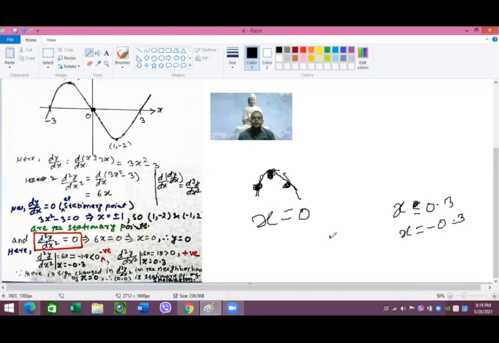That means if this is 0, we are taking a very small difference about 0. So this is negative 0.3 and this is positive 0.3. That means we are testing the change of sign in a very small distance from the value x equals 0.